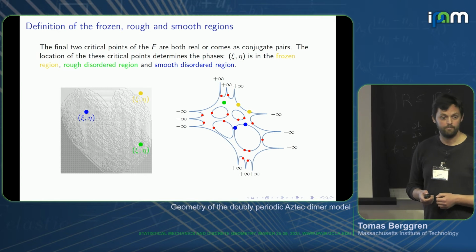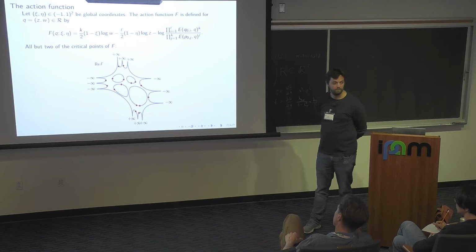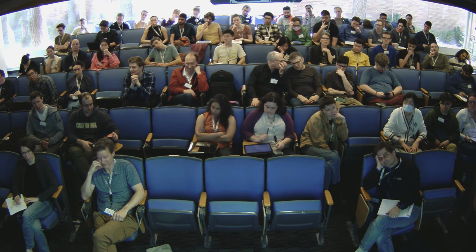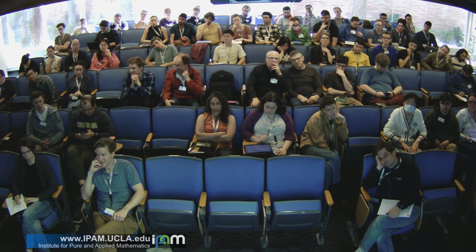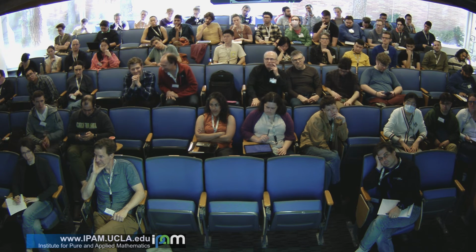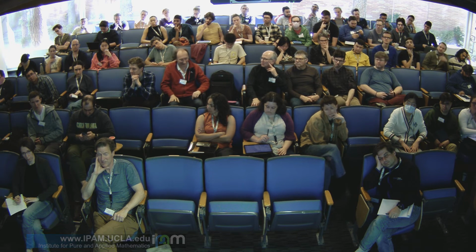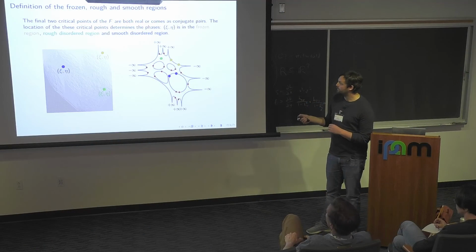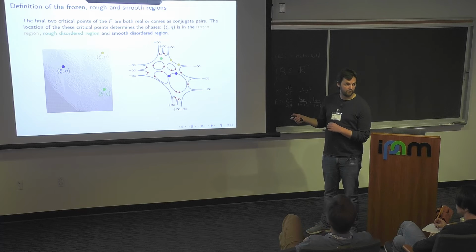Could you show the previous slide again? So you have a map from the plane to the plane, right? And on the next slide, you vary Q and Xi and Eta, right? Here, you should think of psi eta as fixed.